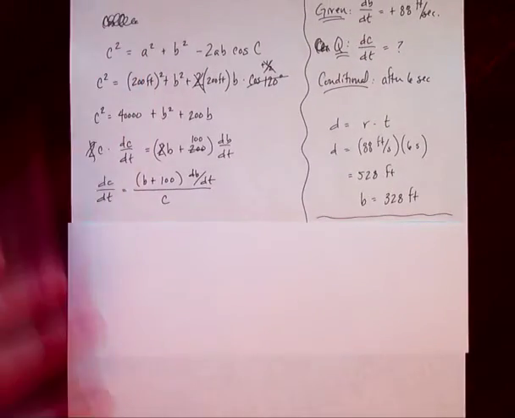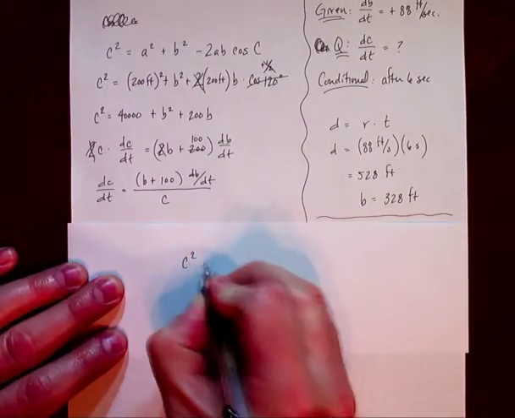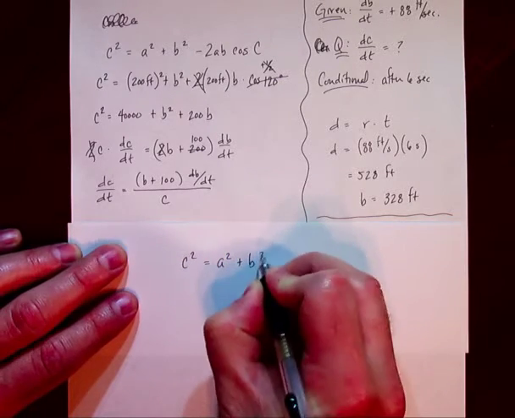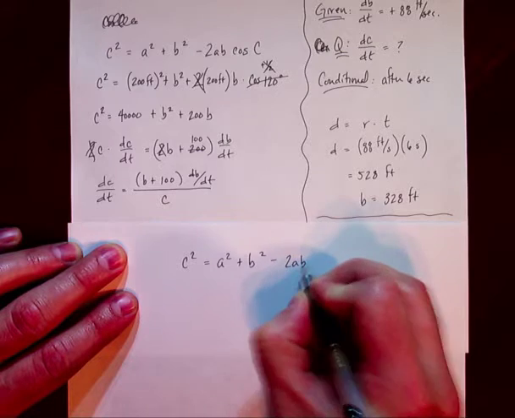We know that c squared is equal to a squared plus b squared minus 2ab cosine c.